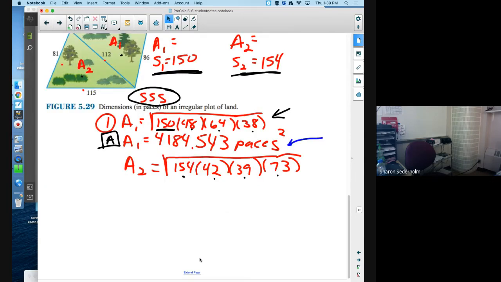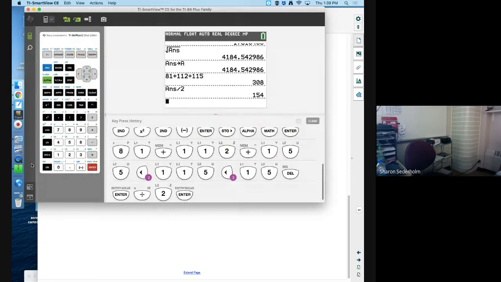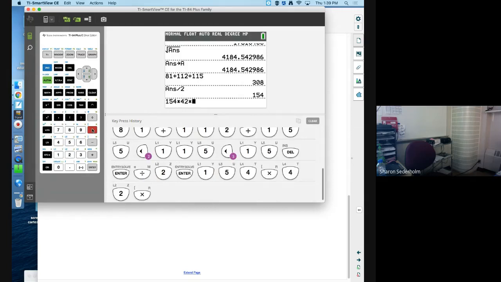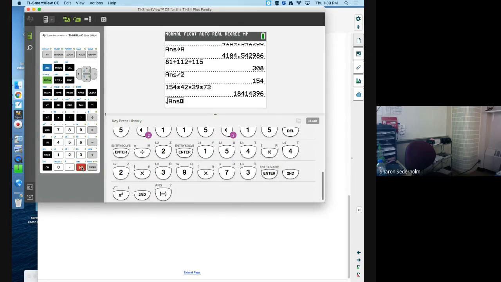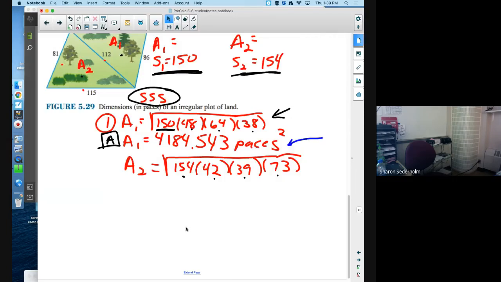So now I have to work on getting the area of the second triangle. So 154 times 42 times 39 times 73. And all of this, again, we're able to do because it's a side, side, side situation. 4291.020 to 3 decimal places.